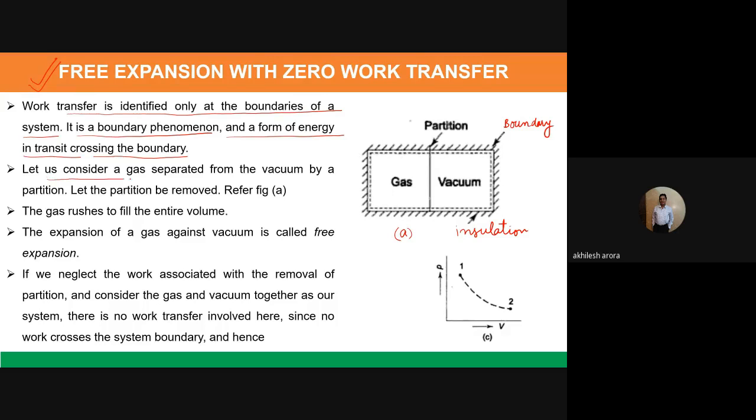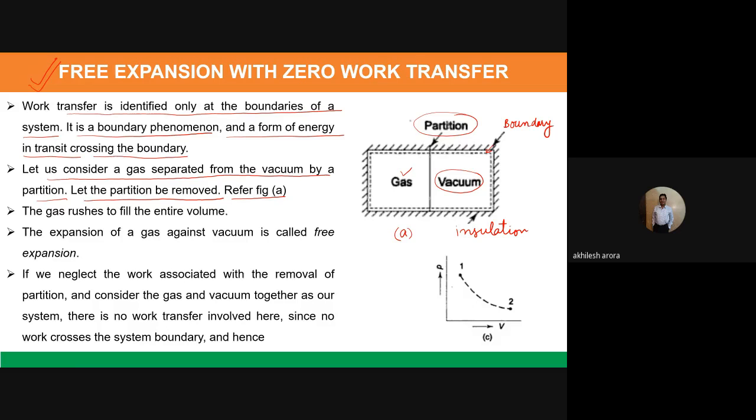Let us consider a gas separated from vacuum by a partition, and let the partition be removed. Refer to figure A. So you can see in this diagram we have a gas and there is a partition here, and there is vacuum on the right hand side of the partition. And you can see the boundary.